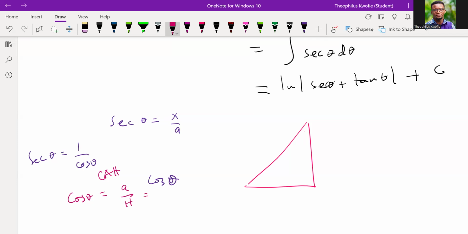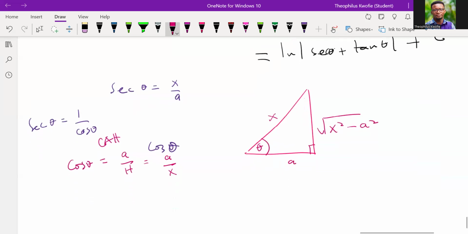So from here, we see that our adjacent will be A, and our hypotenuse will be X, okay? Our adjacent will be A, this is your angle, then your hypotenuse will be X. And when you do that, you should be able to have this. Okay, very good, very good.